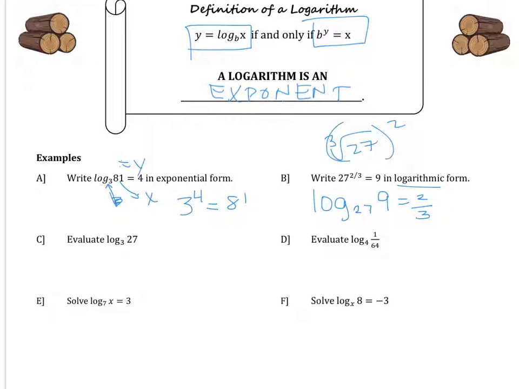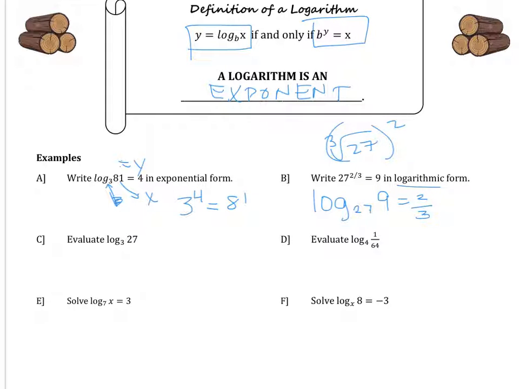The thing to note here is that we call this a base, b, a base raised to an exponent. The log base and the base that we raise to the exponent are the same thing. The log has a base, and the exponent also has a base. So those two numbers are always the same.